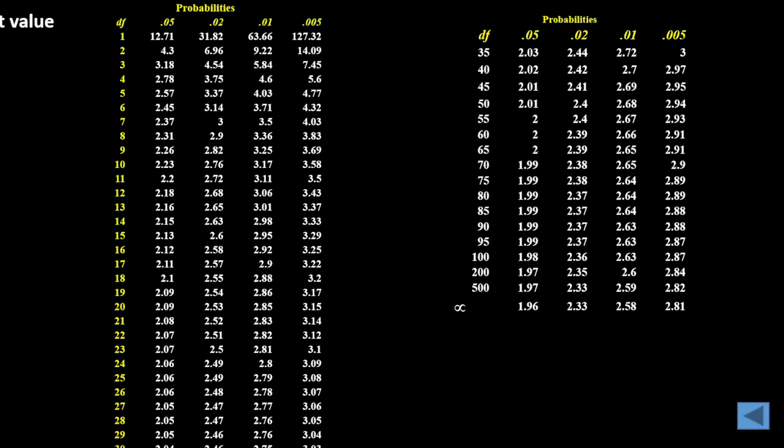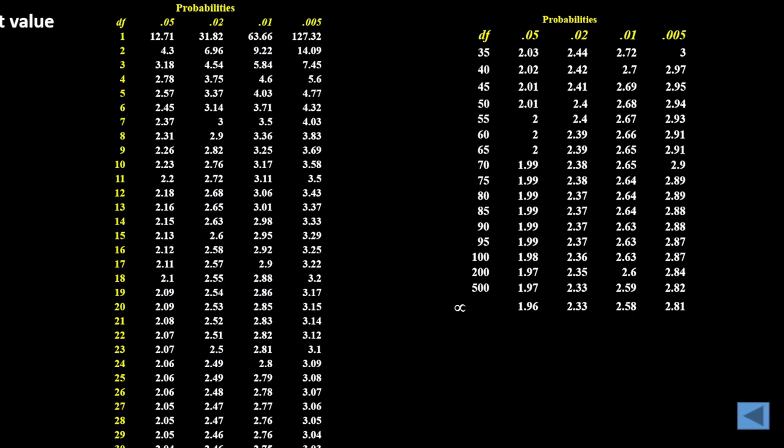For that, under the column of df, we have to see 37 because our df is 37. In the first part of the table, the last value under the column of df is 30 and ours is 37. So in the second part of the table we have to see, and in the second part under the column of df, 35 is given, then 40 is given, 37 is not given.